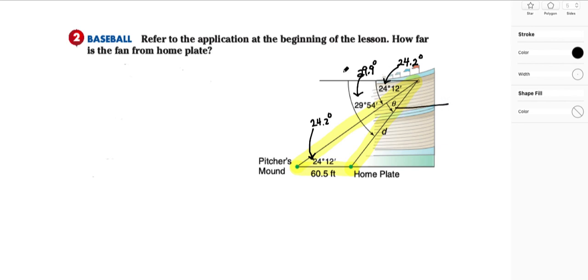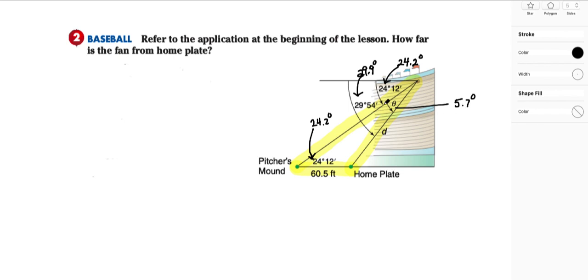We know that this entire angle here is 29.9 degrees, and this little bit here is 24.2. We're assuming that this is the horizontal line toward the horizon, so what we're going to do is subtract 24.2 from 29.9 to get theta. When I do that subtraction, the degree measure there is 5.7 degrees.